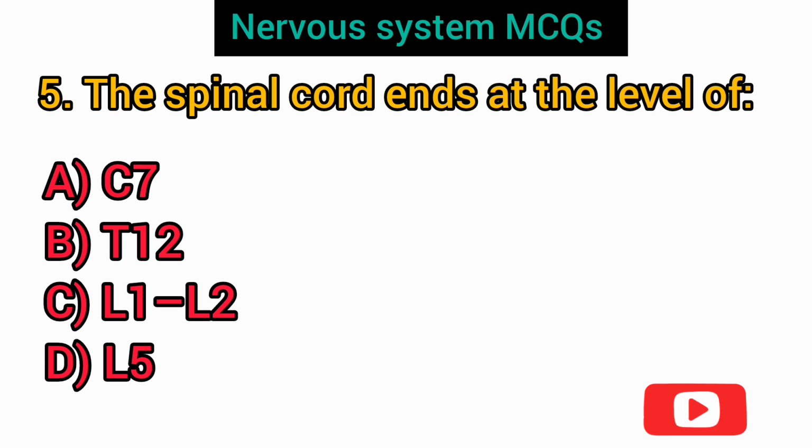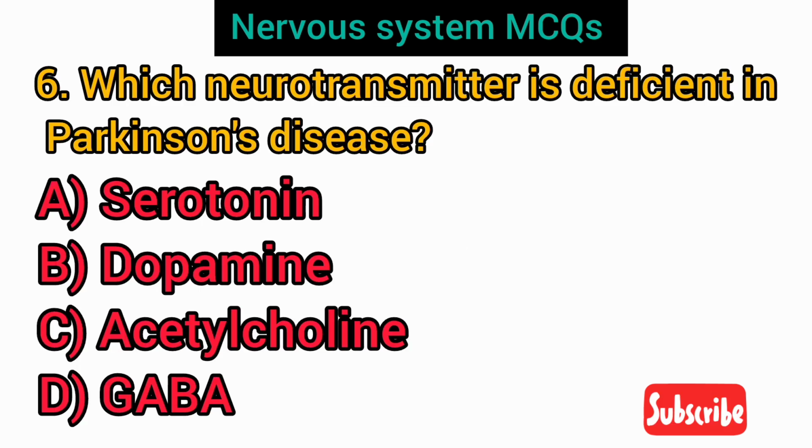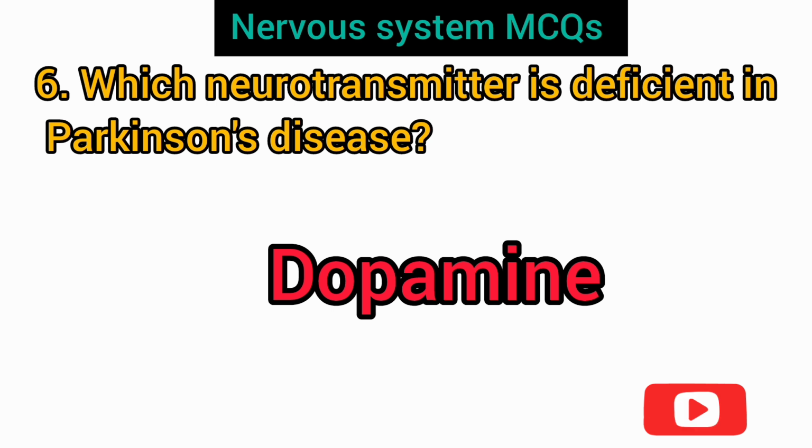The spinal cord ends at the level of L1 to L2. Which neurotransmitter is deficient in Parkinson's disease? Dopamine.